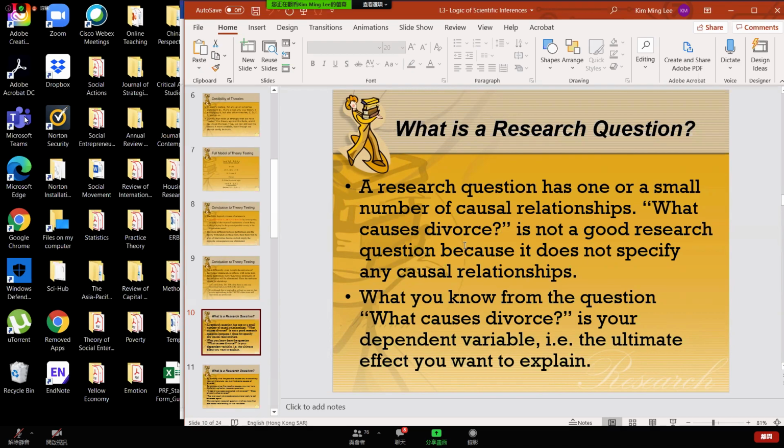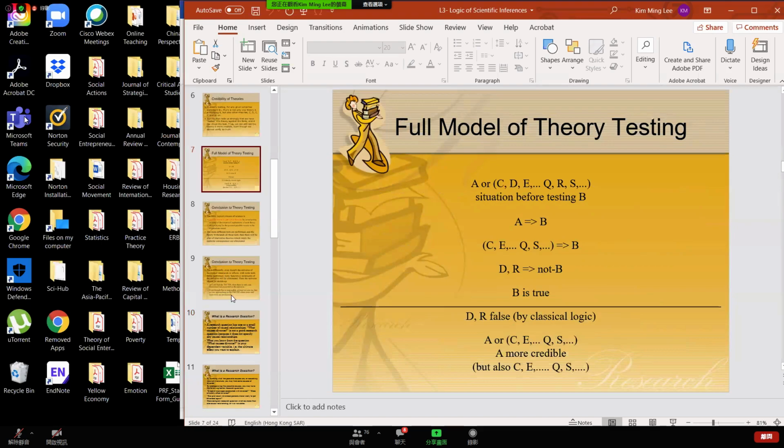This is not a good research question because it does not specify any causal relationship. Because when we do testing, remember, an empirical statement involves at least two variables. Okay, that is the reason.